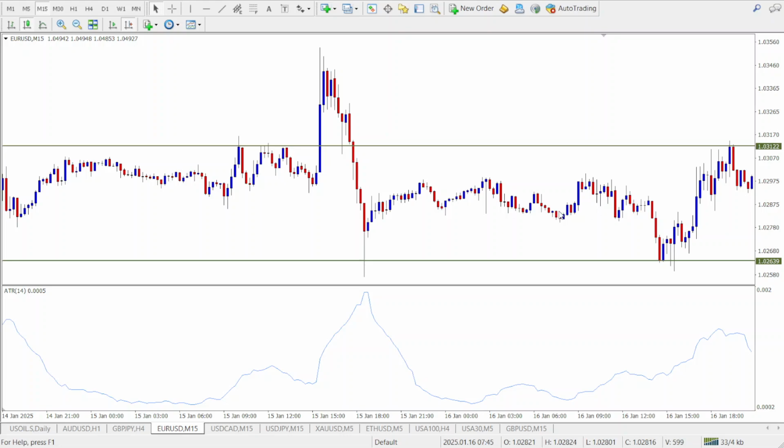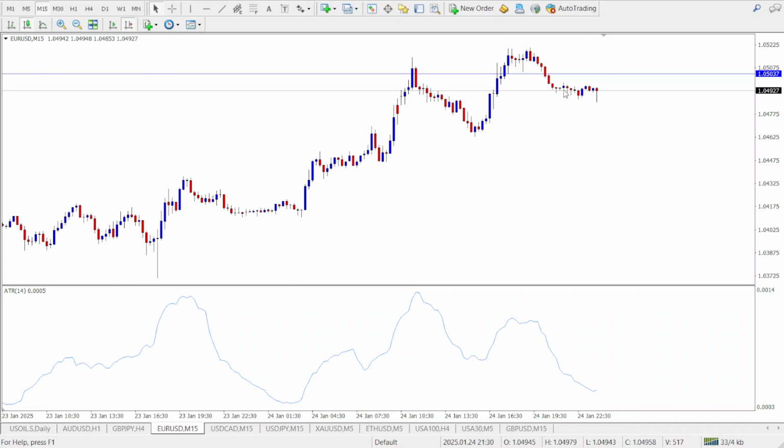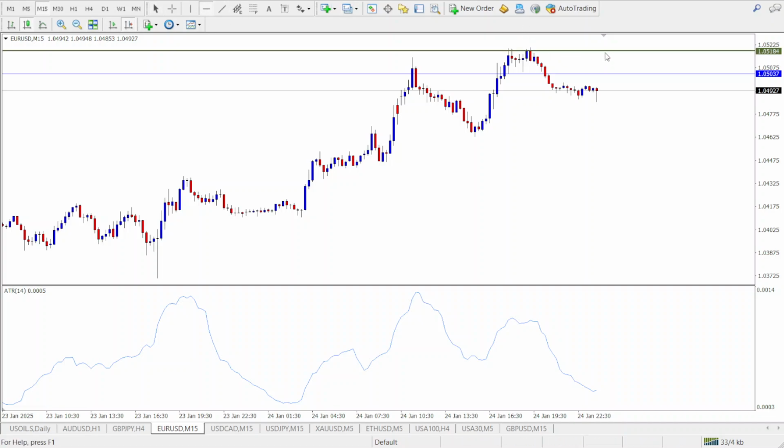Secondly, you have to calculate your dynamic levels. Once you have the ATR value, you can use it to create dynamic support and resistance zones. For example, take the current ATR value and add it to the most recent high for a dynamic resistance level.